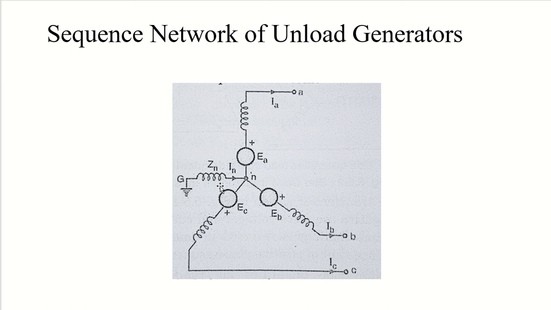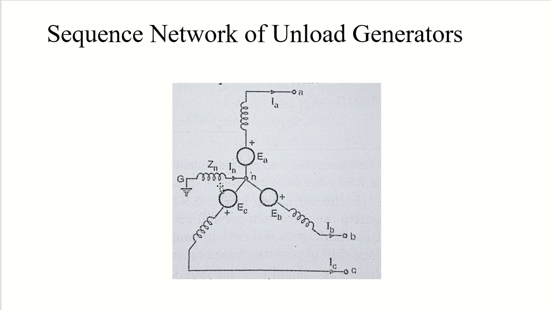And because of winding symmetry, voltage drop will be produced in that. But the catch is the voltage drop will be produced of whatever the symmetry is applying in that particular sequence. Okay, so if it is positive sequence, then induced voltage drop will be of positive sequence only.